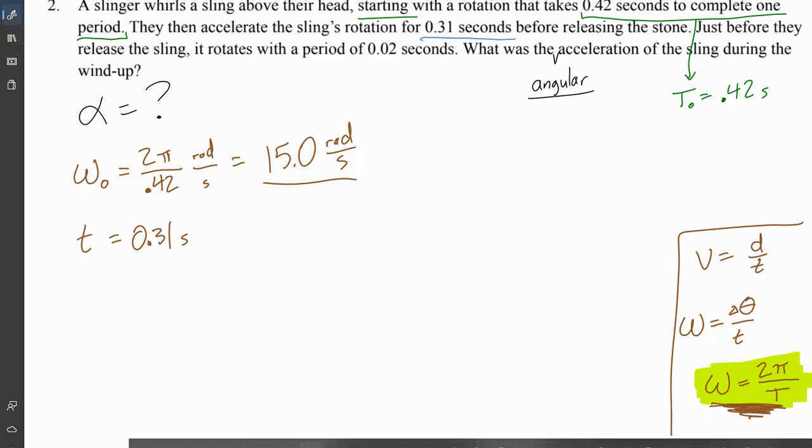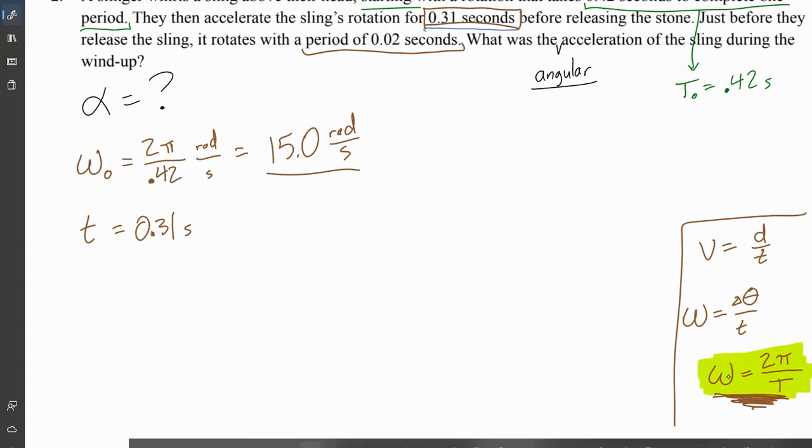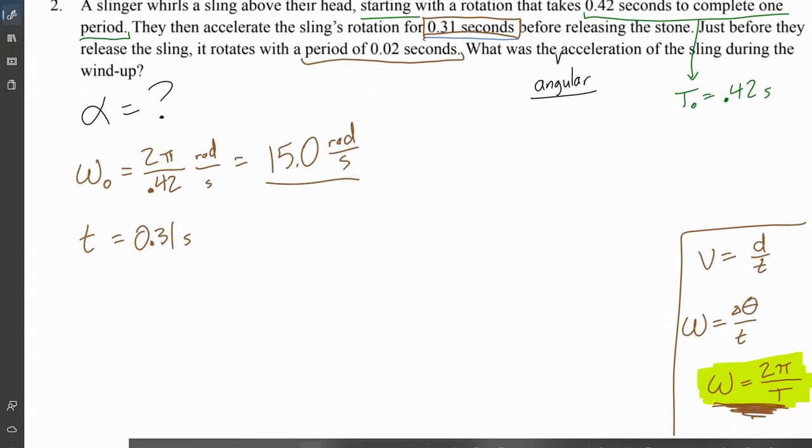Okay, just before they release the sling, it rotates with a period of 0.02 seconds. That's our period right before they release it. So that's our period after this acceleration has taken place, which means that's our final period. So that's T final, capital T, final. But remember, anytime you're given a period, you're really given an angular velocity.